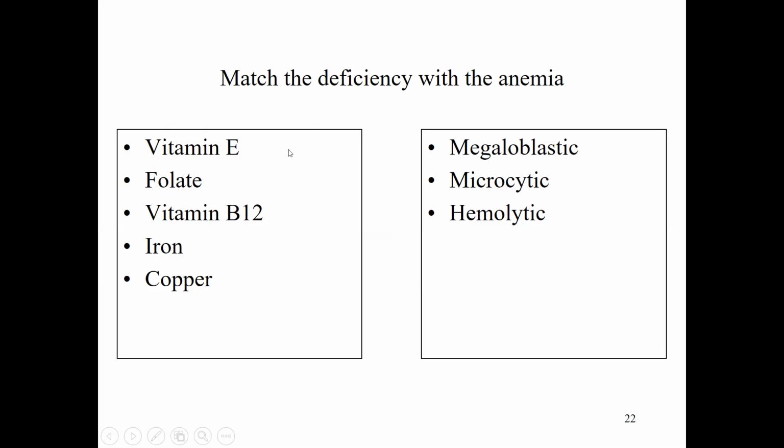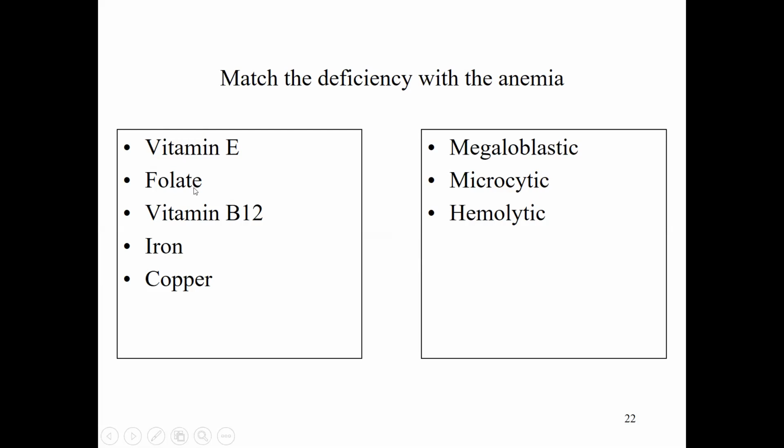Remember, vitamin E is an antioxidant and it helps keep the lipids safe, especially those in cell membranes. And so if you don't have that good antioxidant in your cell membranes, your cells can burst and cause excessive bleeding, especially for your red blood cells. Folate is a water-soluble B vitamin.